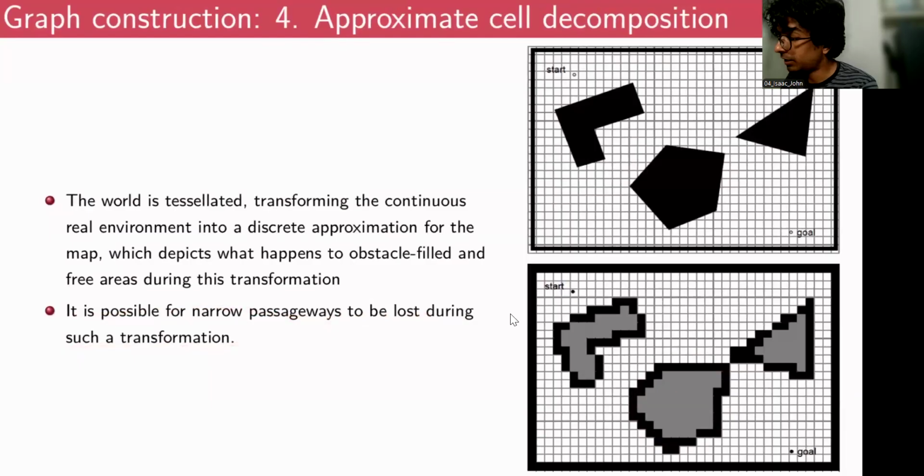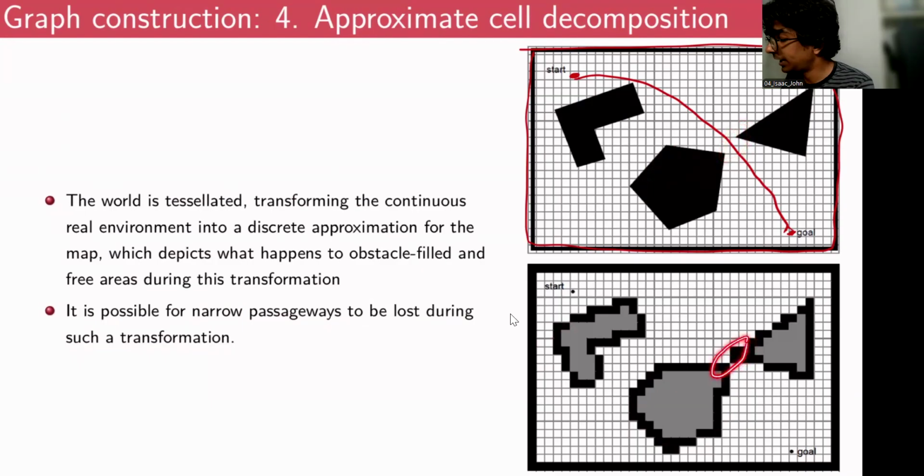As you can see in this representation, when we have not transformed our obstacles, it's fairly obvious that the most efficient path from the start position to the goal position would be something like this, right? That is the path that takes the minimal distance. But once you perform the tessellation, or once you transform your continuous obstacles into this discrete space, this path would look something like this.